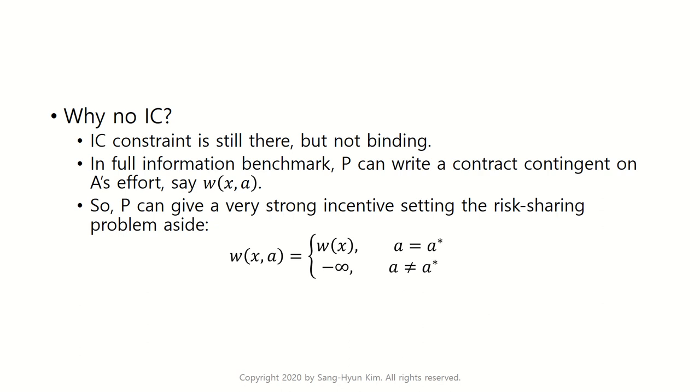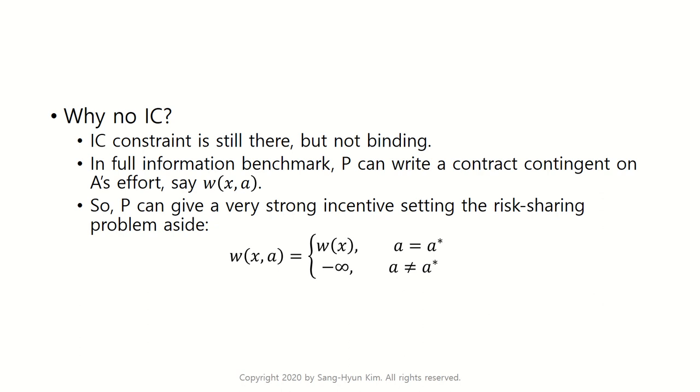So the contract specifies the effort level, which is set at the optimal level probably. And if the agent follows the order, so if the agent puts exactly A star much effort, then the agent will be compensated as much as W of X.